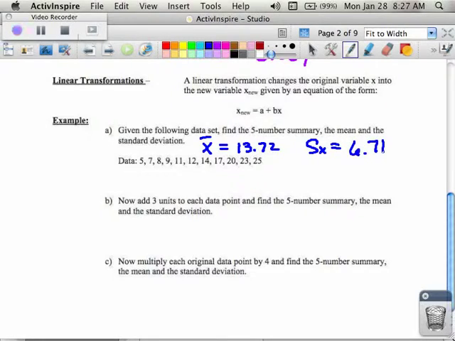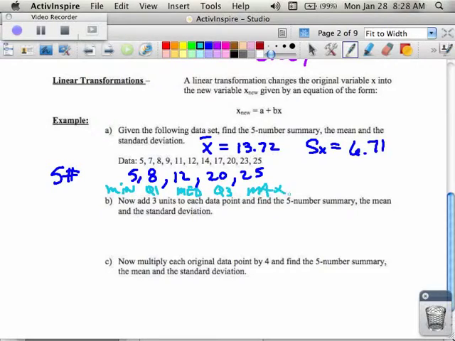And if I was doing the 5-number summary, I would have 5, 8, 12, 20, and 25. So these were, again, my min, Q1, my median, my Q3, and my max.